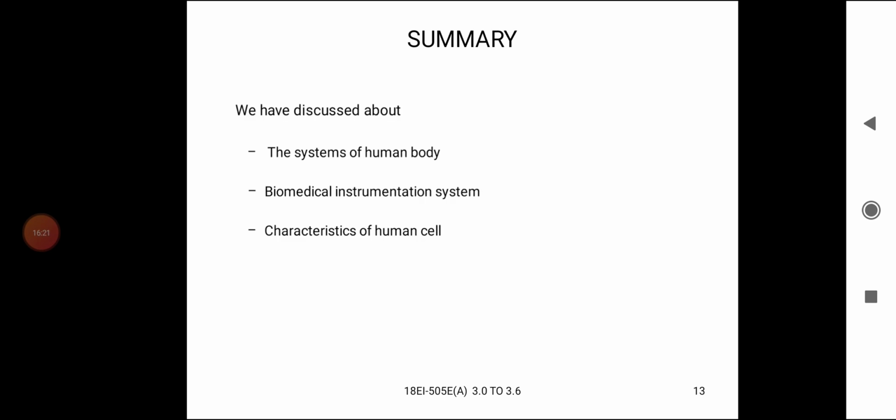Summary: we discussed the systems of the human body, the biomedical instrumentation system, and the characteristics of the human cell.